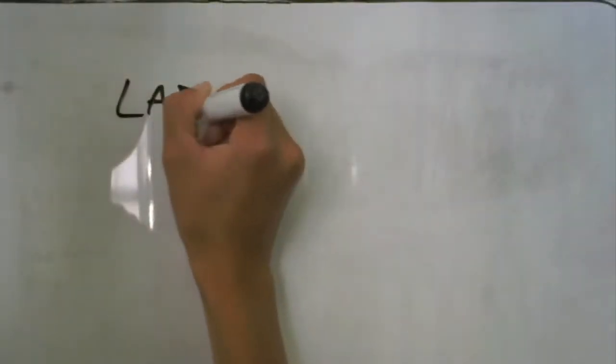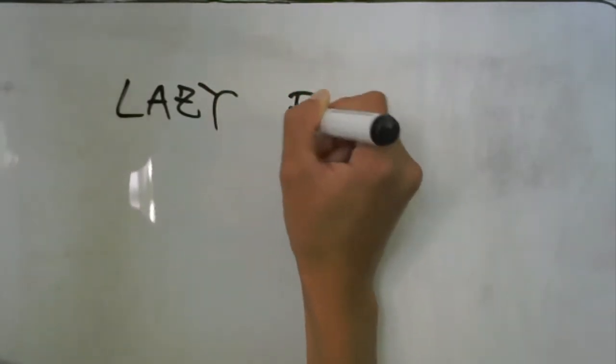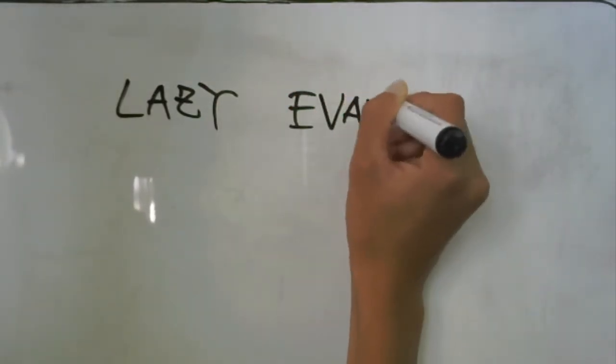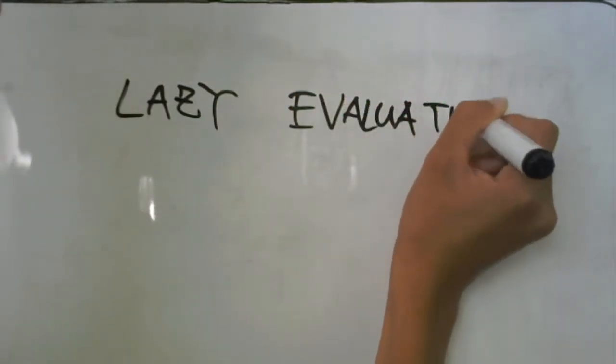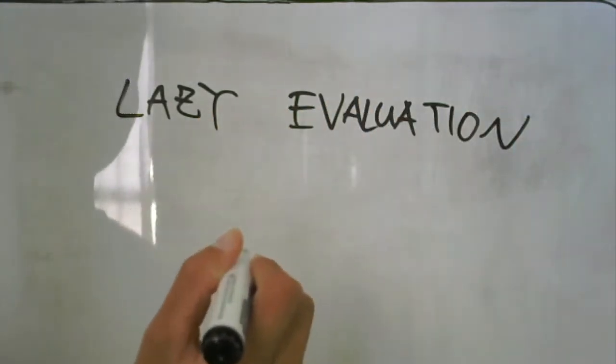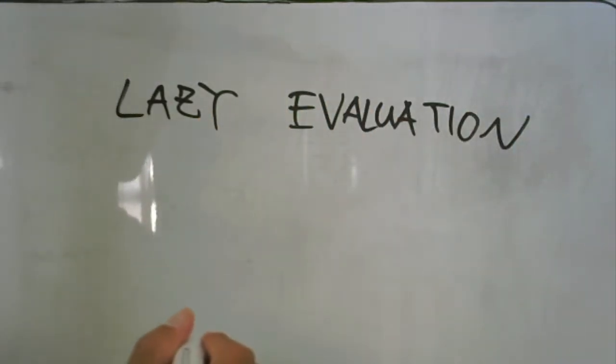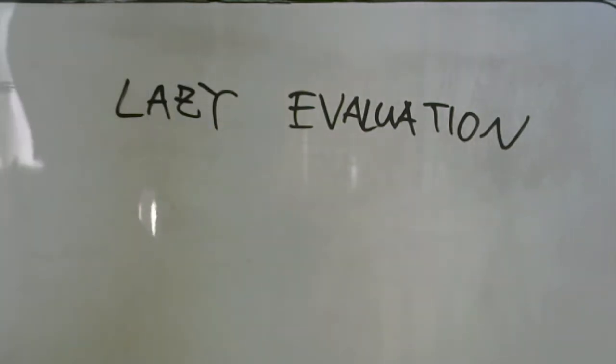Welcome. I'm glad you could join me today for my exploration of something called lazy evaluation, a topic in computer science from functional programming. Lazy evaluation is a simple but powerful idea that lets us reason with really big things.